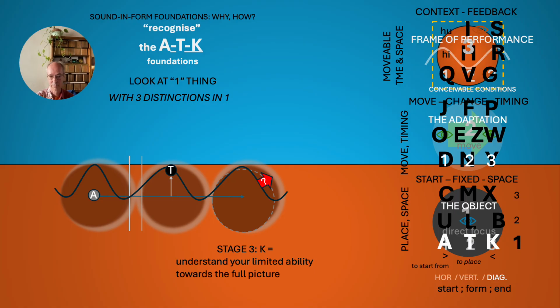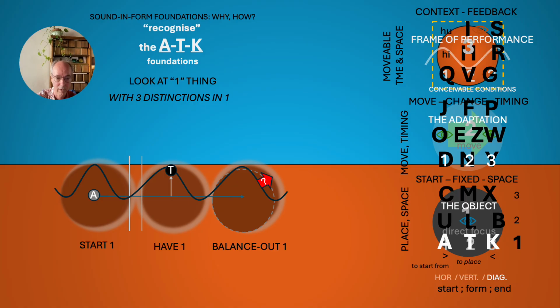The point where I'm looking is relative, and it doesn't count for the full picture. So my ability to see the full picture is limited. That's the letter K. So the starting point of 1 is A, where I have something, and then T, where I could start to balance the 1 out, and then the letter K.